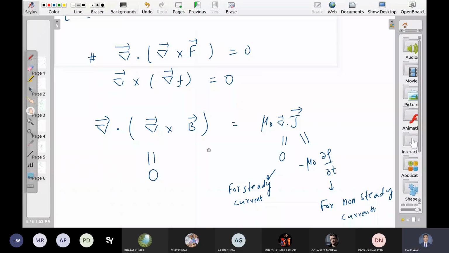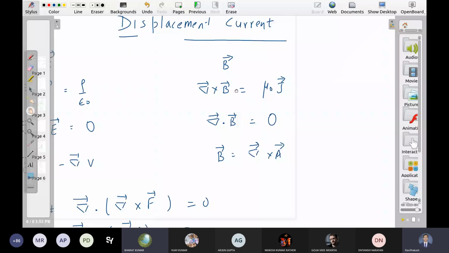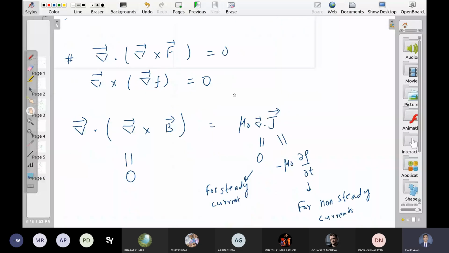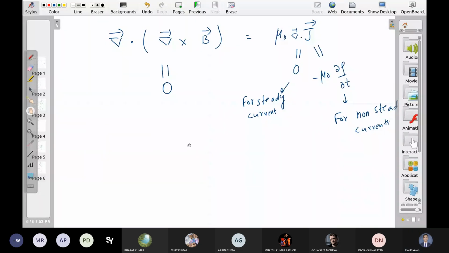So how do I make this equation compatible with all the cases? By adding some terms which can make that term 0. Yes, so we need to modify this formula. इसको modify करना पड़ेगा. What is the modification? Modification has to be like this.